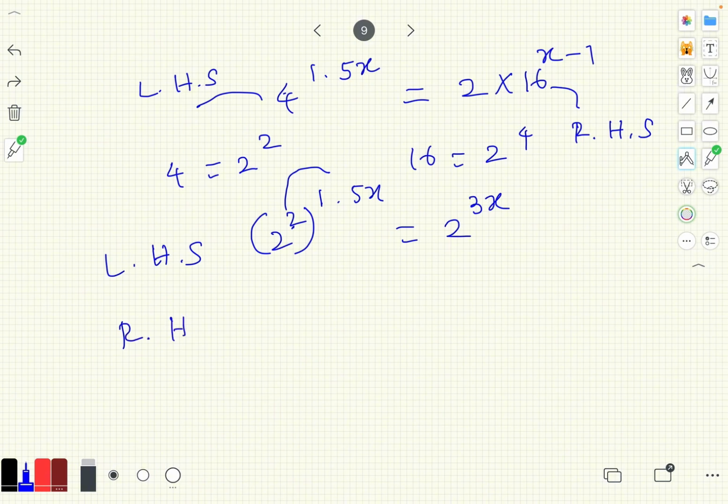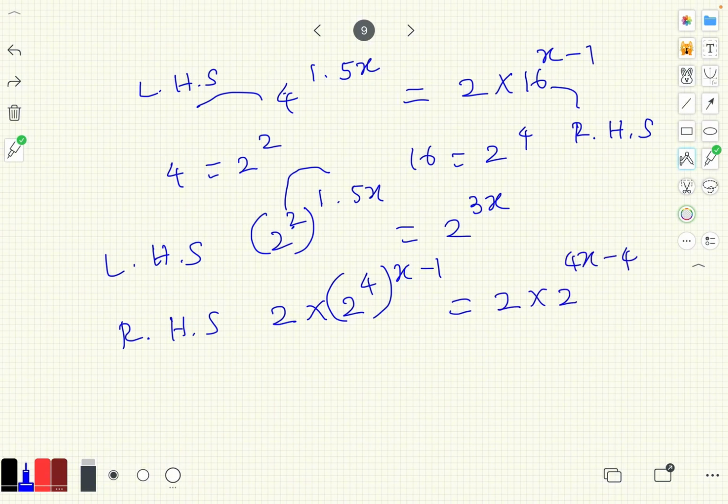Right hand side is going to be 2 to the 4 to the x minus 1. So now you can write 2 times 2 to the 4x minus 4. Now this would be 2 to the 1 times 2 to the 4x minus 4.